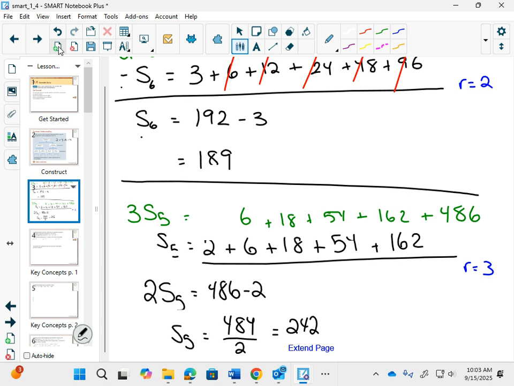What did we do to find the sum of any geometric sequence? What did we do? We took whatever the last one was, right?